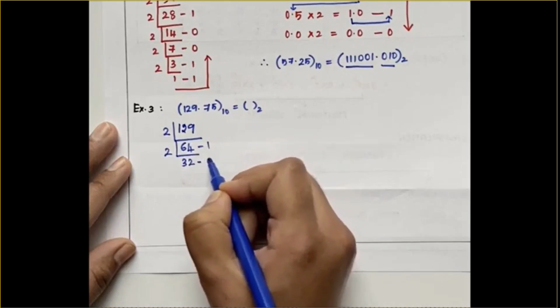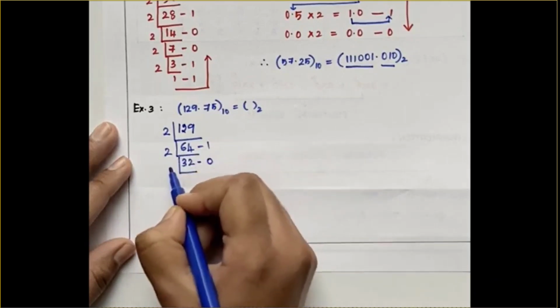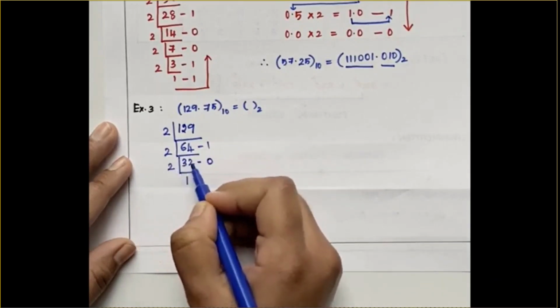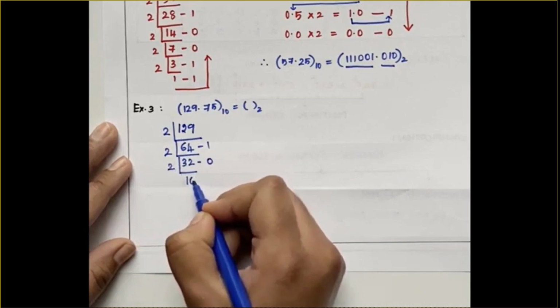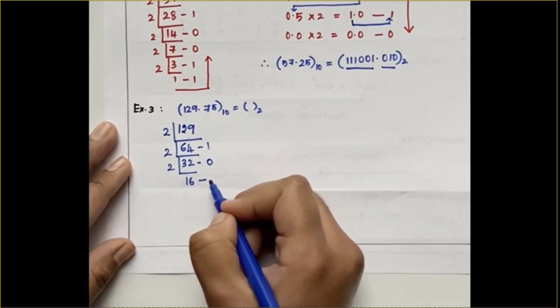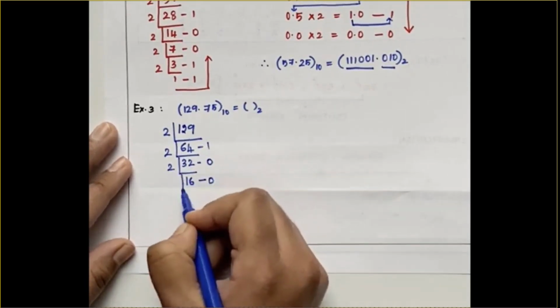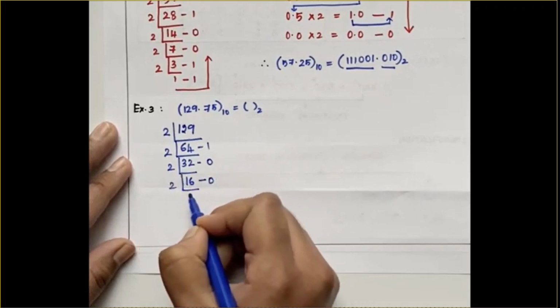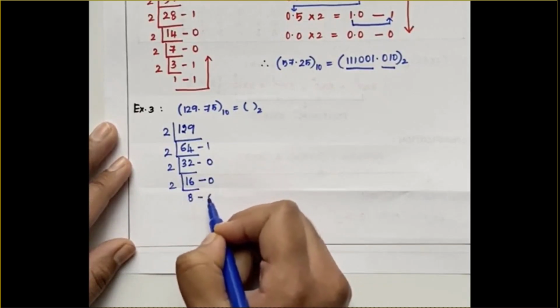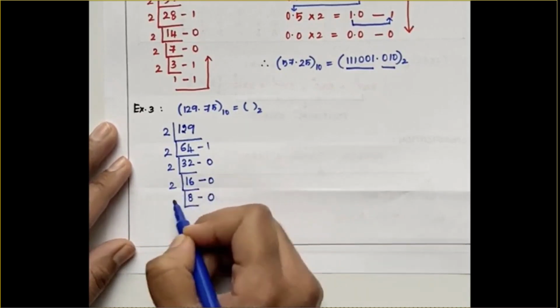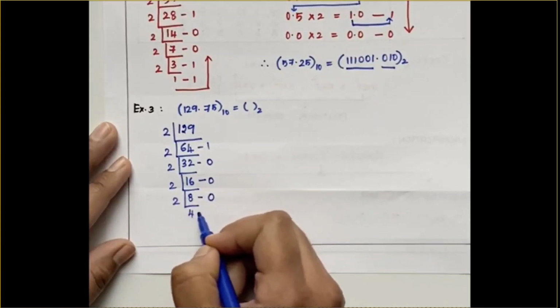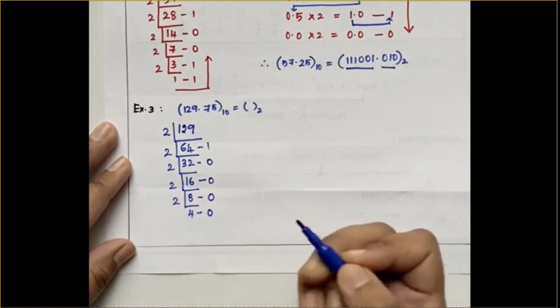0. Next again divided by 2, so 2 16s are 32, no remainder, again 0. Next one further dividing, 2 8s are 16, no remainder, 0. Again 2 4s are 8, no remainder, so 0.